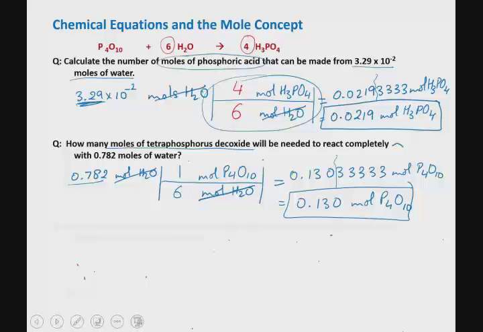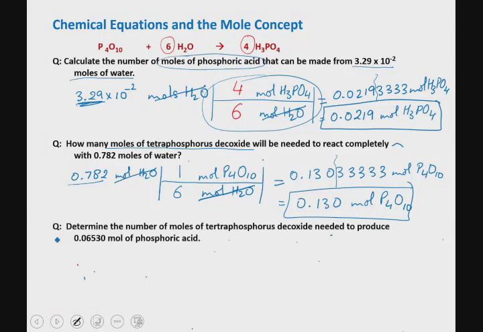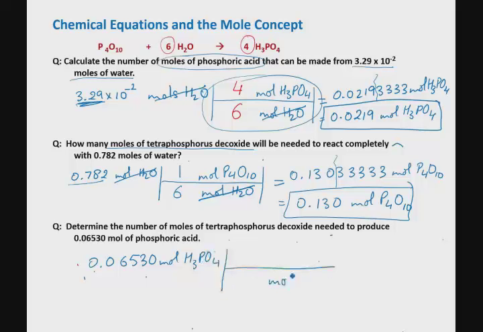Okay. Once again, pause the recording while you attempt this next one on your own. So 0.06530 moles of phosphoric acid this time need to be converted to moles of P4O10. Moles of phosphoric acid crosses out.